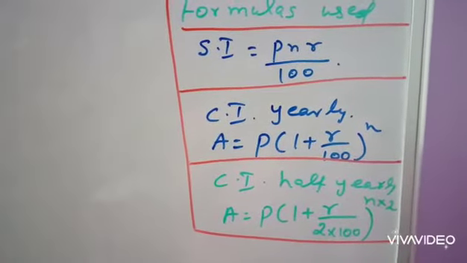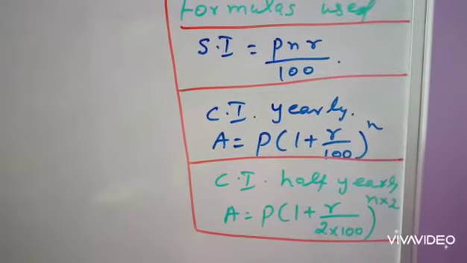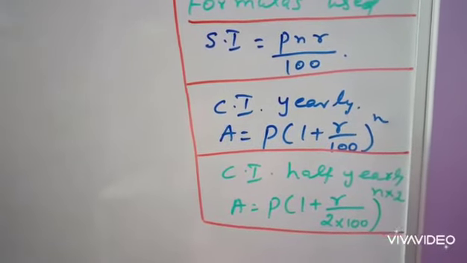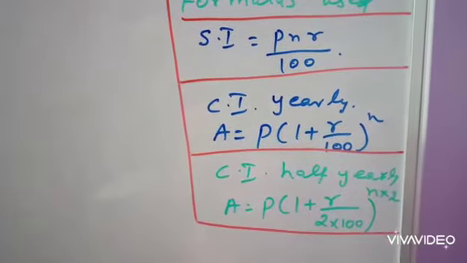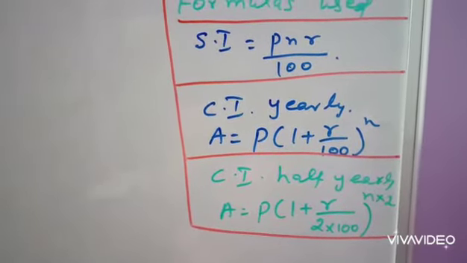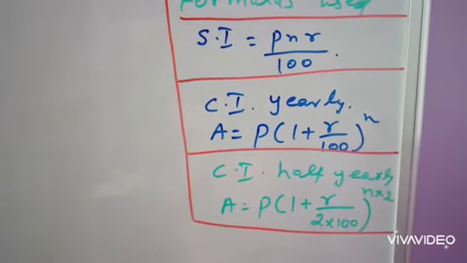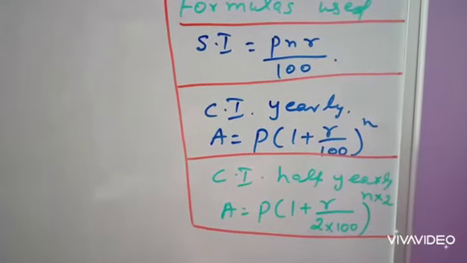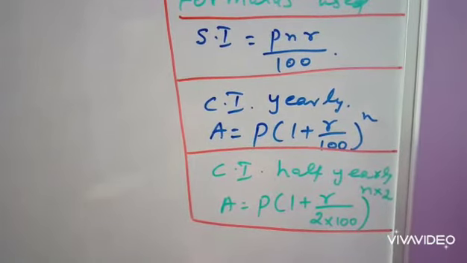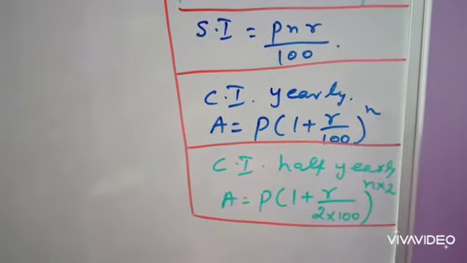Then we need to find the compound interest. For compound interest we need to apply two formulas. The reason is the calculation is happening compounded yearly, but they have given 1.5 years. So for the first year we need to apply the compounded yearly formula. For the remaining half year we need to apply the half yearly formula.